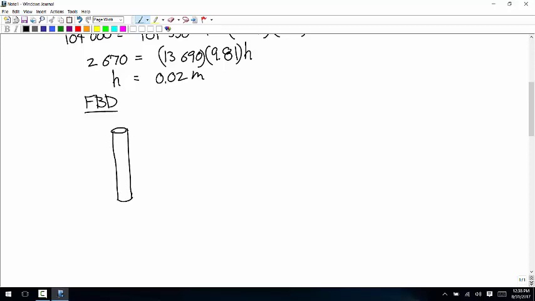So what forces are acting? First, there's weight, and that's at the center of mass. And the weight is the density times the volume. That gives you the mass, and then times g.